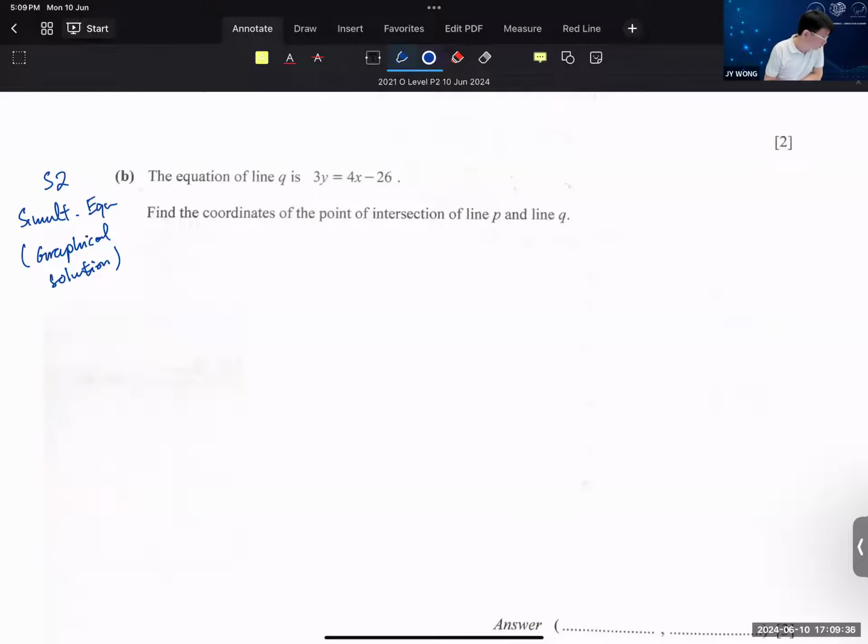So your first equation is 9y plus 2x equals 55. That's your equation 1. So 3y equals 4x minus 26 shall be your equation 2.